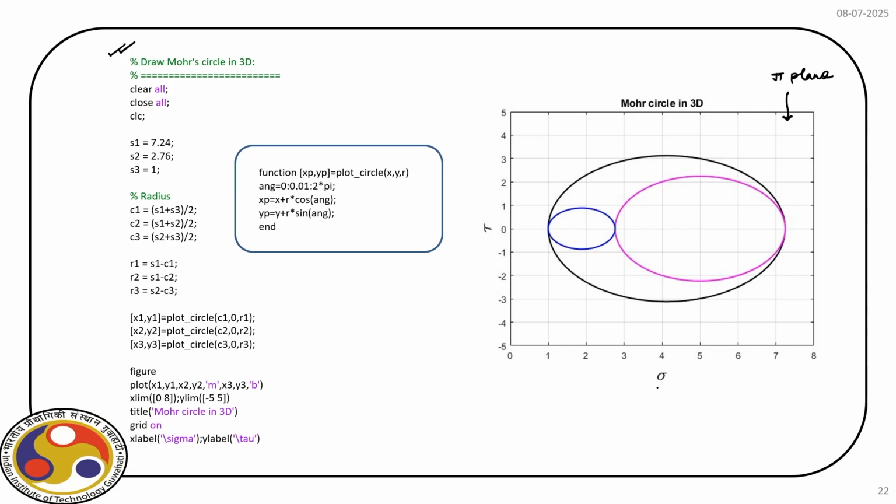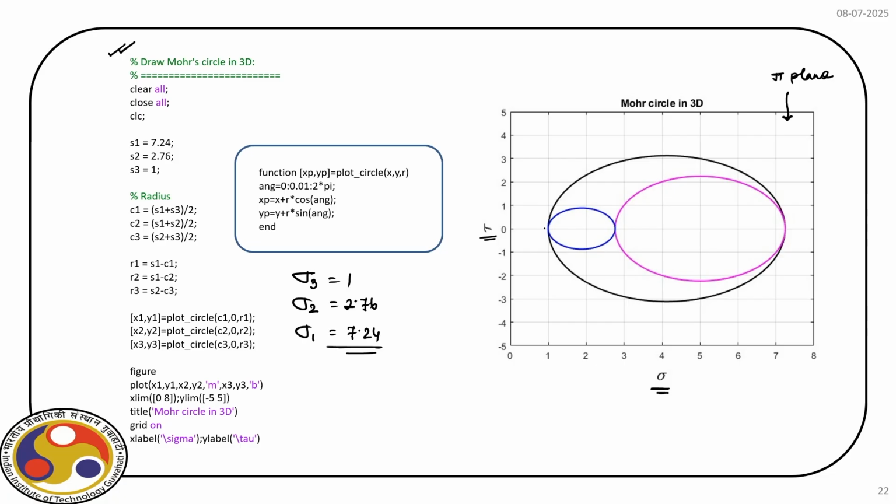So, along the x axis we have sigma, and along the y axis we have tau. What we do, we have our sigma 3 is 1, sigma 2 is 2.76, and sigma 1 is equal to 7.24.